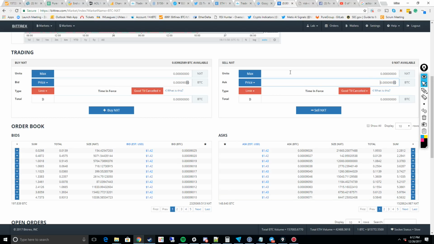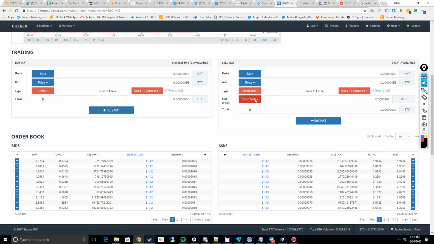Let's say that's my stop loss, and then you want to click limit, select conditional, select condition, and select less than or equal to, and then you're going to want to copy and paste this value down here. Usually you want to set your sell price a bit lower so that if the buy orders are getting knocked down fast, you can guarantee a sell by setting it to a lower value.